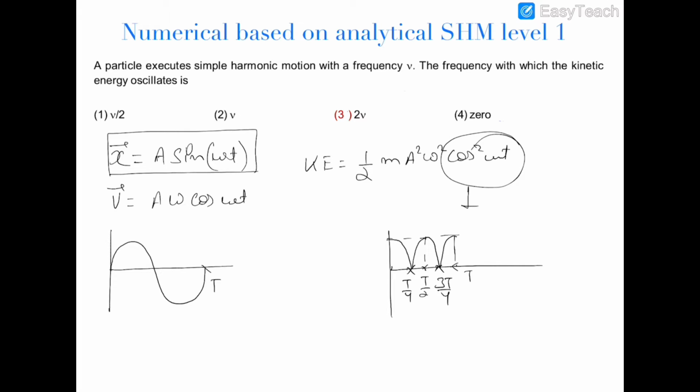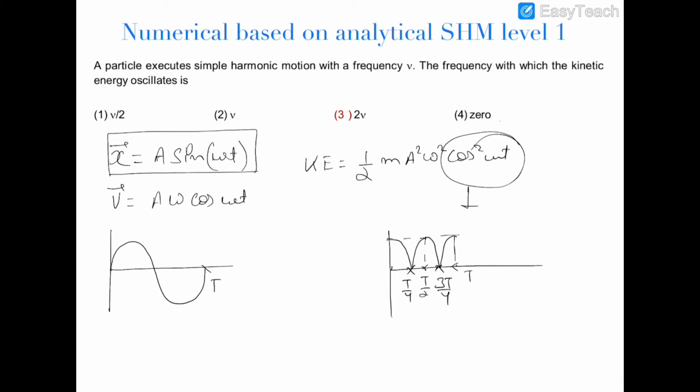So you can see that kinetic energy graph is repeating itself in the time of t by 2. So we can say that after each half time, each t by 2 time, the kinetic energy would repeat itself. Therefore, the time period of SHM of this kinetic energy will be t by 2 if the time period of SHM of the particle is t.